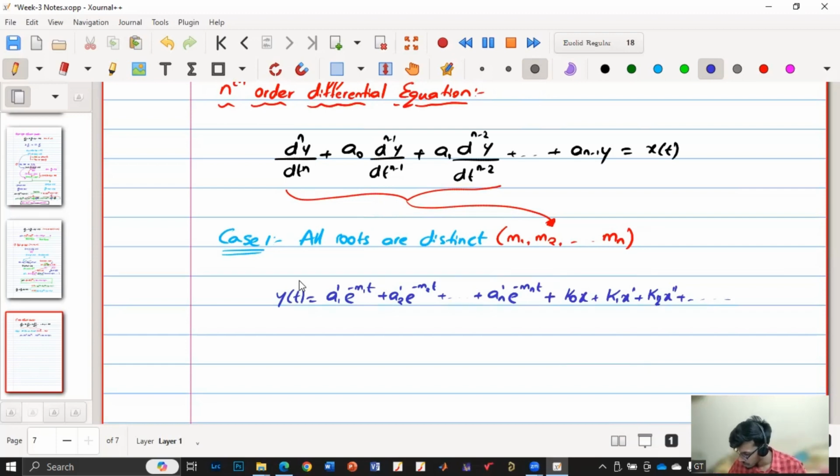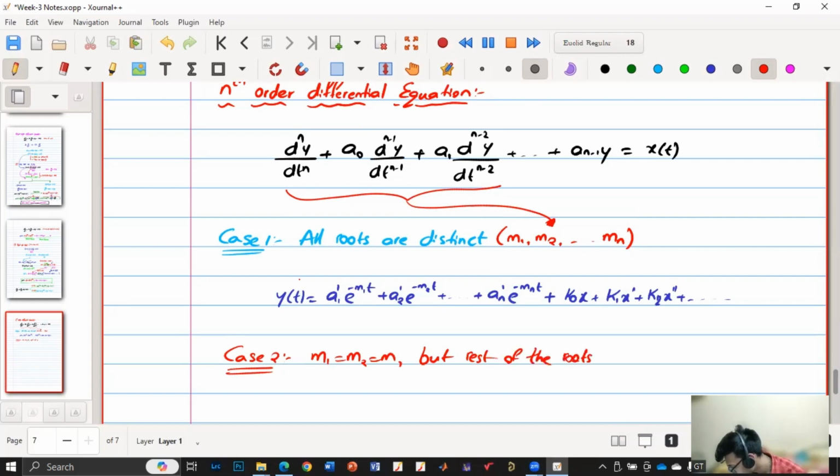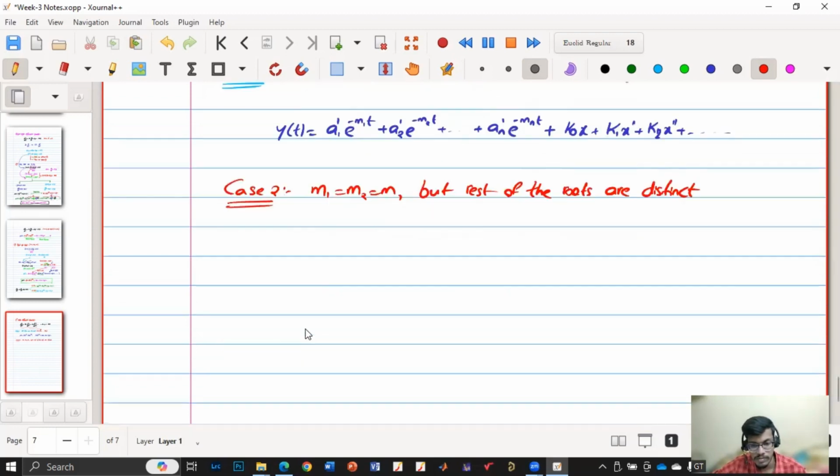Now I will consider another case. Say m1 is equal to m2 is equal to m, but the rest of the roots are distinct. So now what will be y of t?